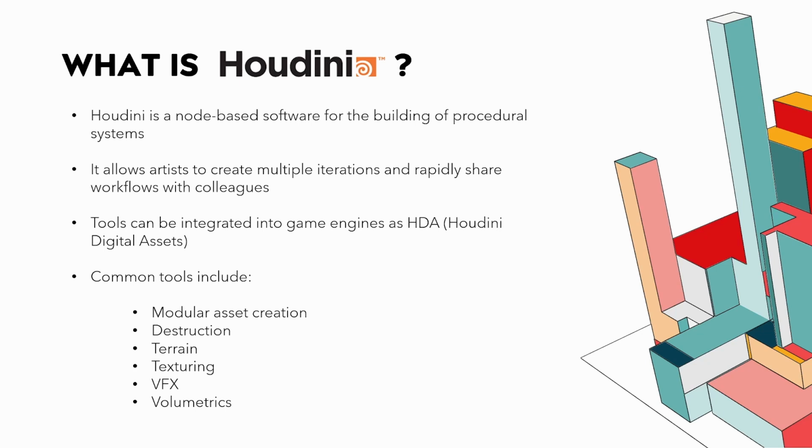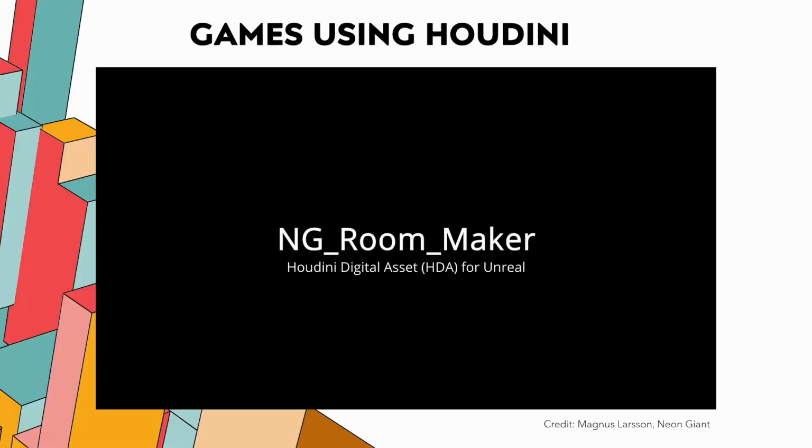Destruction for that same thing, for all of those elements that we've created, and also the physics properties and those meshes, terrain, texturing, VFX such as particles and emitters, and also volumetrics. Some of the most powerful tools in Houdini involve its simulation capabilities, anything from Alembic water simulations to VDB smoke sims. The possibilities with Houdini really are endless.